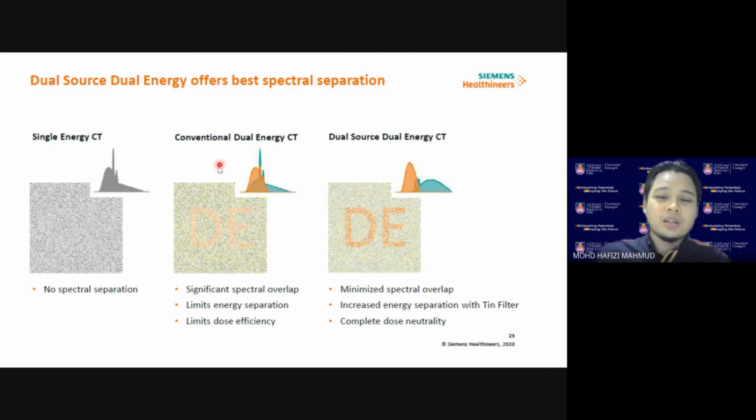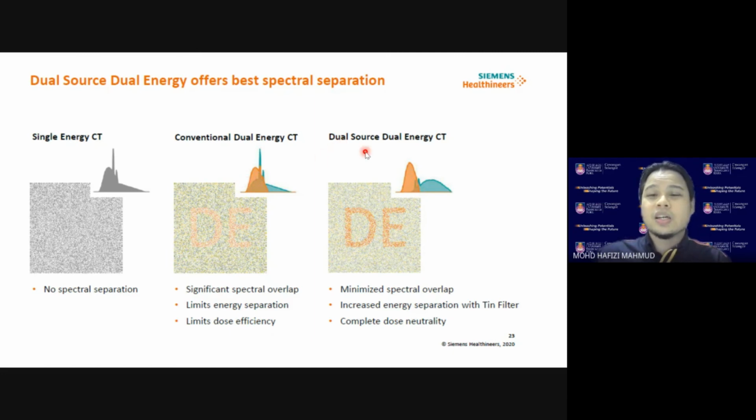The first generation has spectral overlap, limited energy separation and limited dose efficiency. In conventional dual energy CT, no filtration is used.